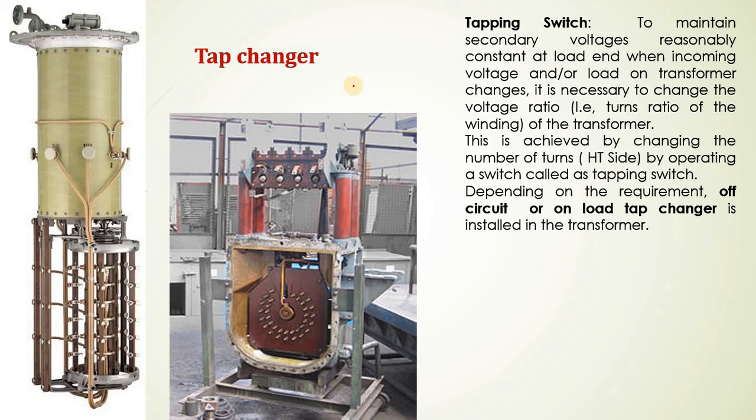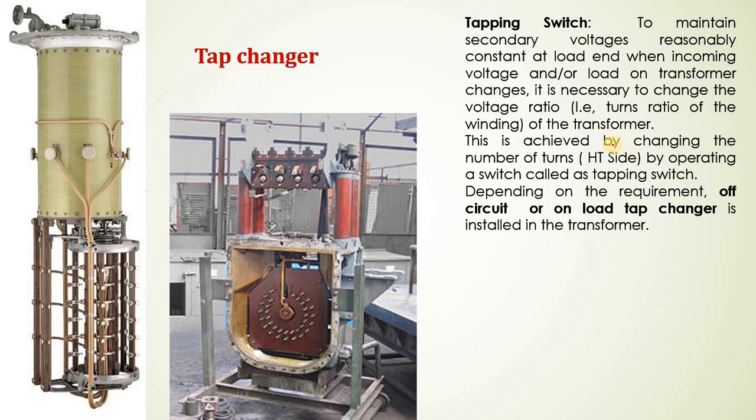Then next is the tap changer. The tap changer is a tapping switch to maintain the secondary voltage reasonably constant at the load end. When the incoming voltage or load on the transformer changes, it is necessary to change the voltage ratio, that is, the turns ratio of the winding of the transformer.